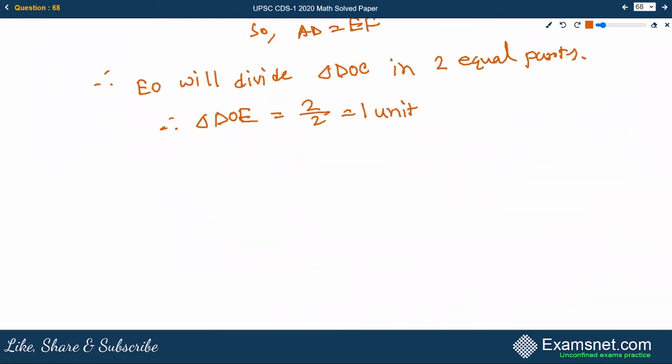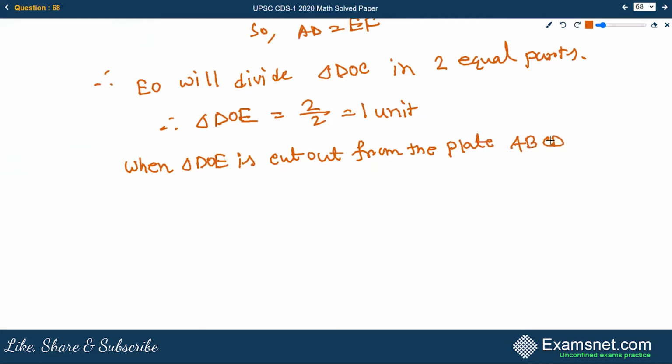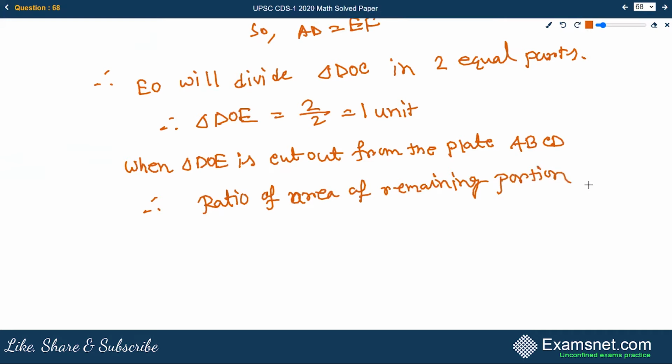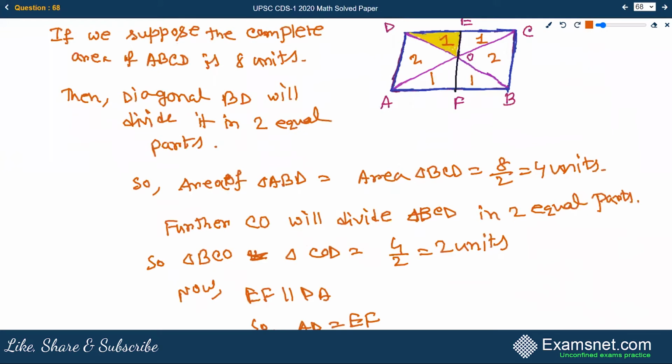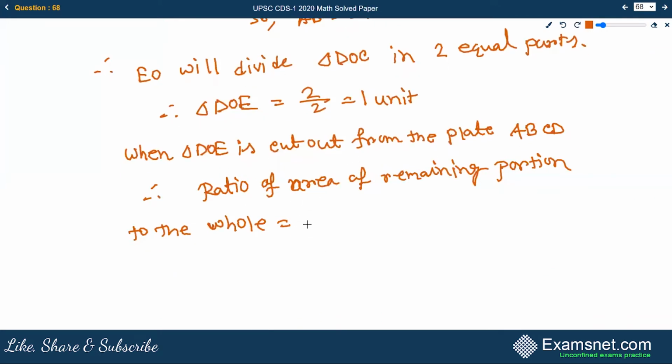Now when triangle DOE is cut out from the plate ABCD, then the ratio of the area of the remaining portion to the whole, that is, the remaining portion is 8 minus 1 unit, because 1 unit we are removing from the plate.